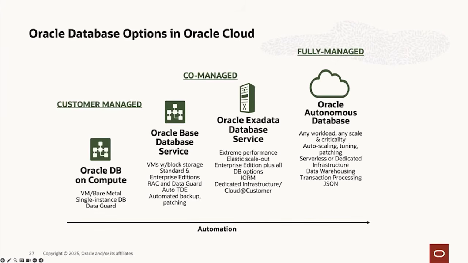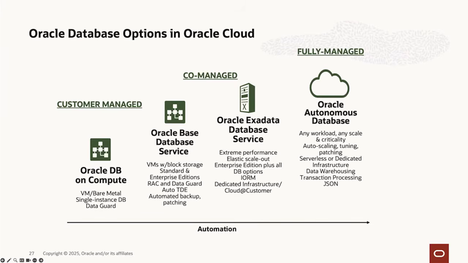This is a perfect fit for that for Oracle Database because Exadata is able to be deployed as cloud at customer deployment. So what that means is it's deployed and installed behind your own firewall in your own data center. And that way you have access to Oracle services within your own data center to meet either data residency requirements or latency requirements.